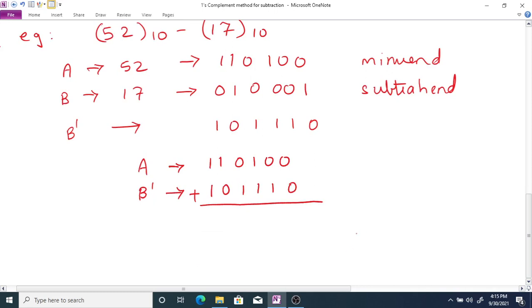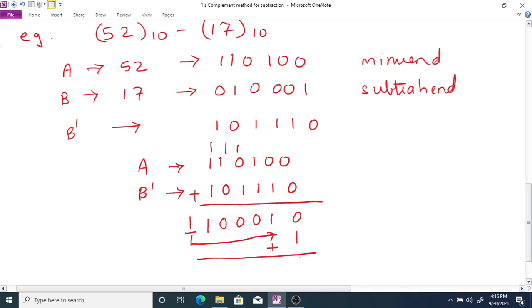So after addition here we will get 110001 with a carry. Now we can see that there is a carry present over here, so we are going to add this carry to our LSB of obtained answer.